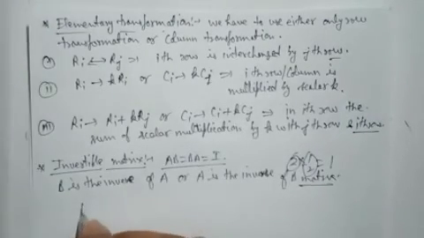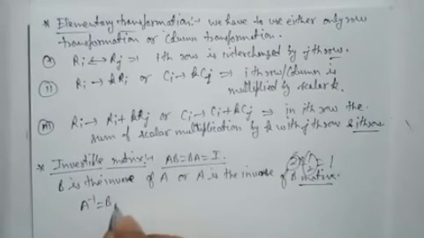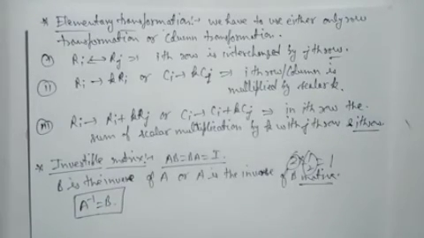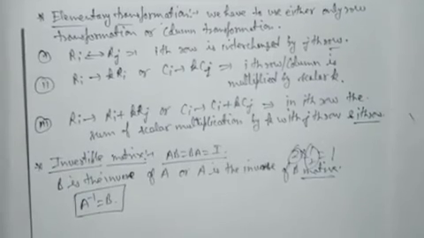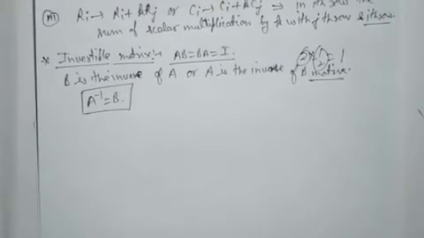That is denoted by A inverse equals to B. If the multiplication of two matrices is the identity matrix, then these two matrices are the inverse of each other. Clear?